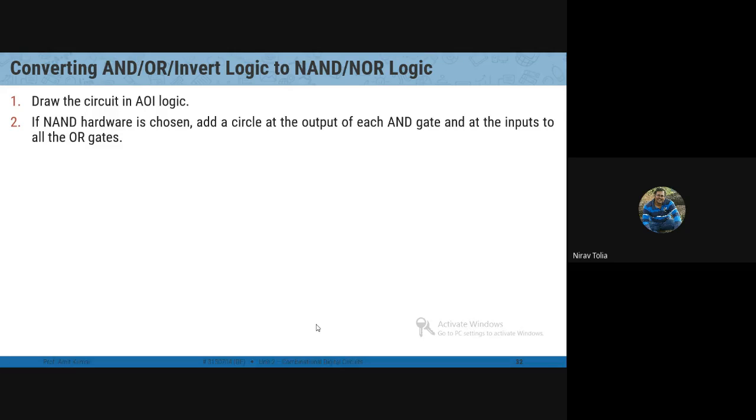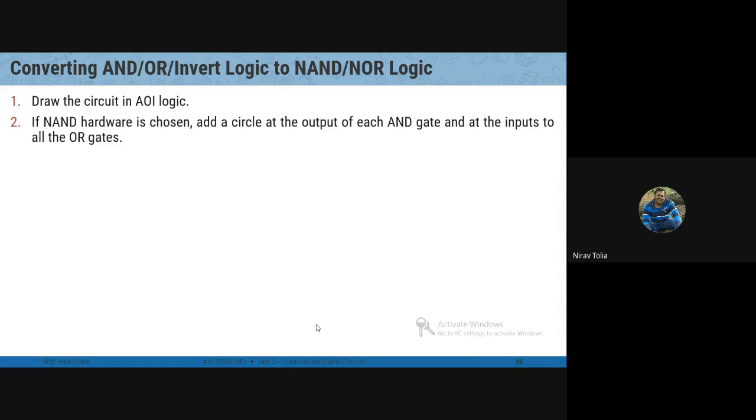Suppose in a KMAP, the example is given and they are asking to implement it by using only NAND logic. So you have to implement your answer by using only NAND gates. How can you implement it? First of all, you have to draw the circuit by using simple AND, OR and invert gates, the AOI logic.